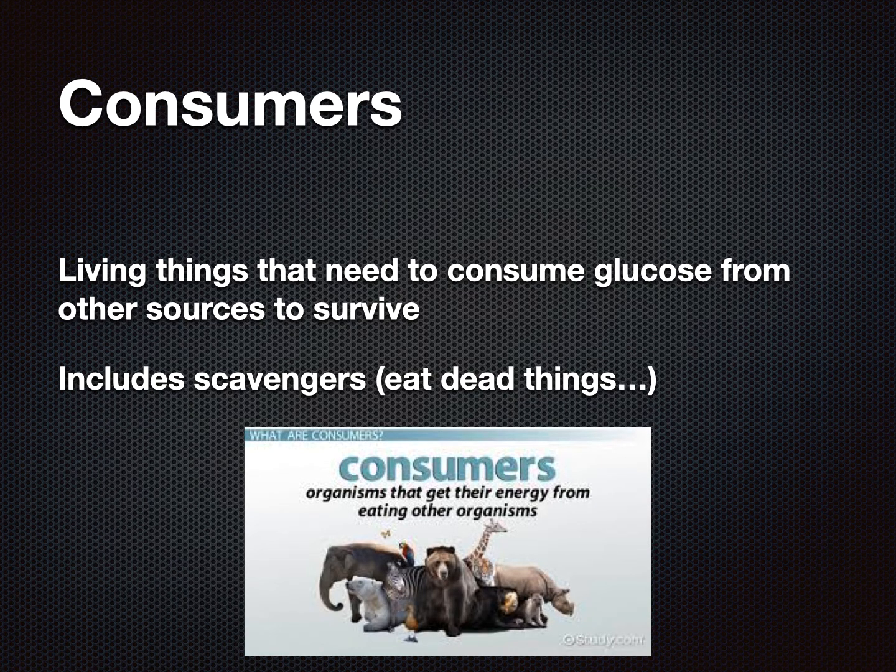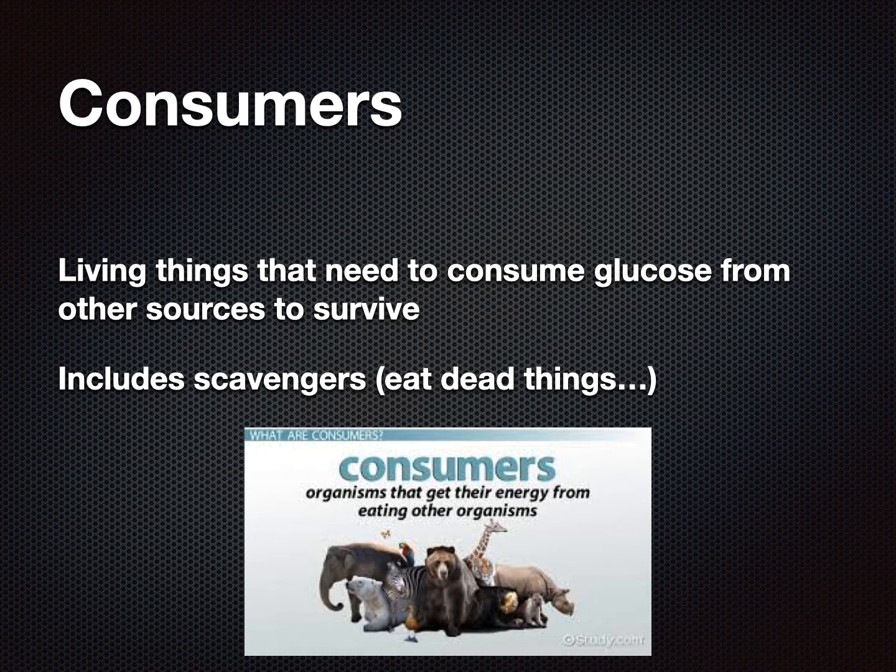Now, these living things need to consume glucose from other sources to survive. They include scavengers. Keep in mind, when you were in elementary school, you learned about primary consumers, secondary consumers, tertiary consumers, and sometimes your teacher even maybe broke scavengers into a different category.